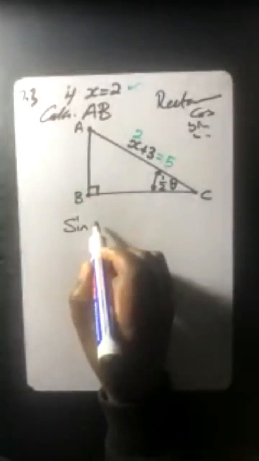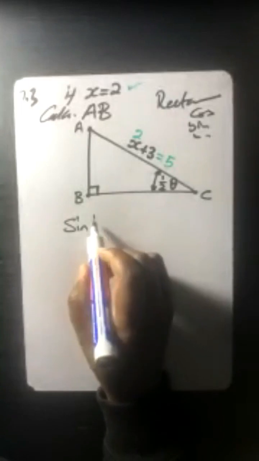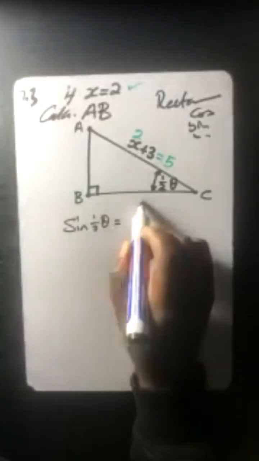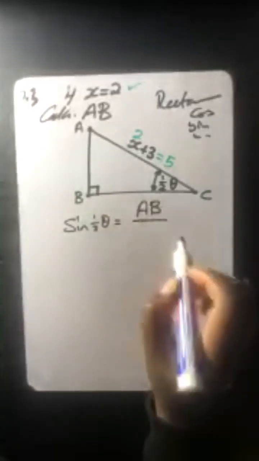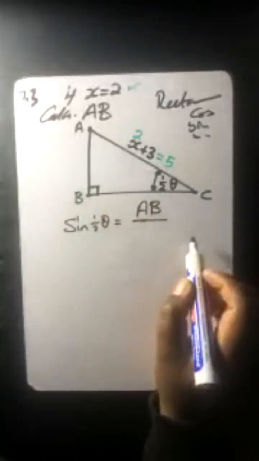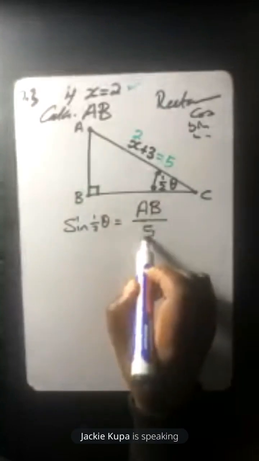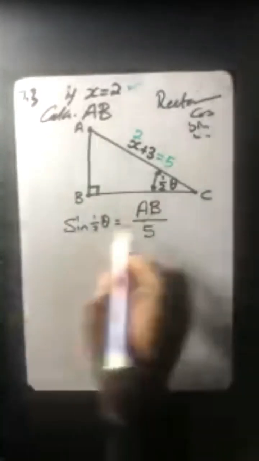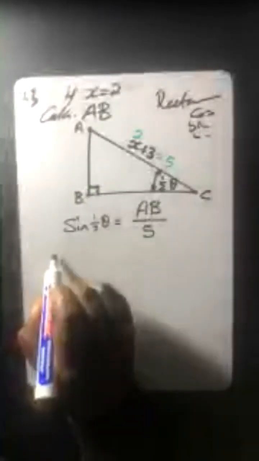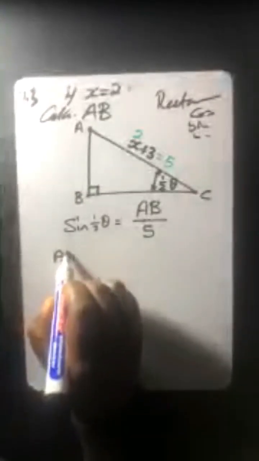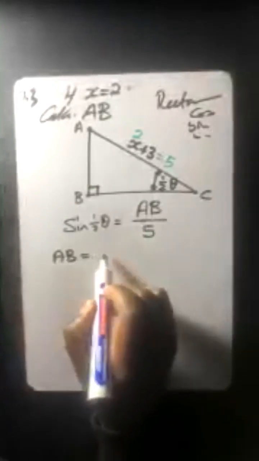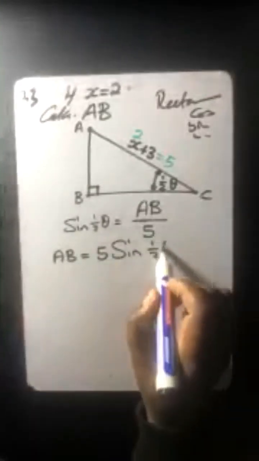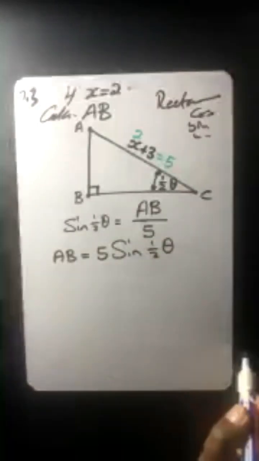Sine of which angle? Sine of that angle equals opposite, being AB, divided by hypotenuse. Our hypotenuse is 5. So that means AB is actually equals to 5 sine of half of the angle.